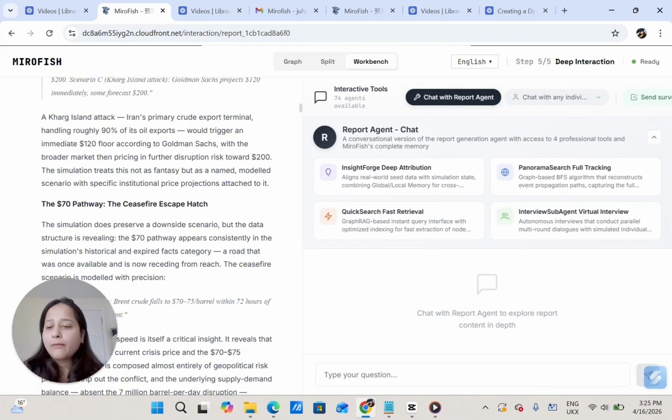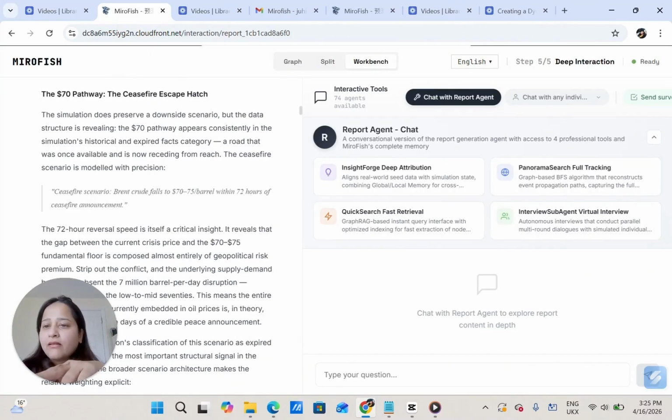The window for a $70 barrel has already closed. We can read this. The $70 pathway appears consistently in the simulation's historical and expired facts categorically. A road that was once available is now receding from reach. The ceasefire scenario is modeled with precision.